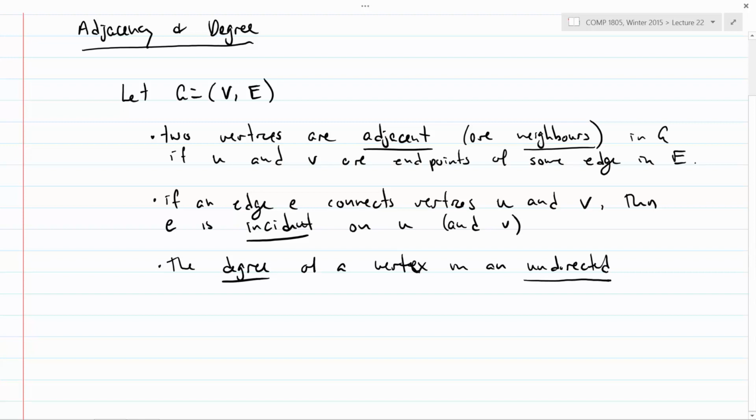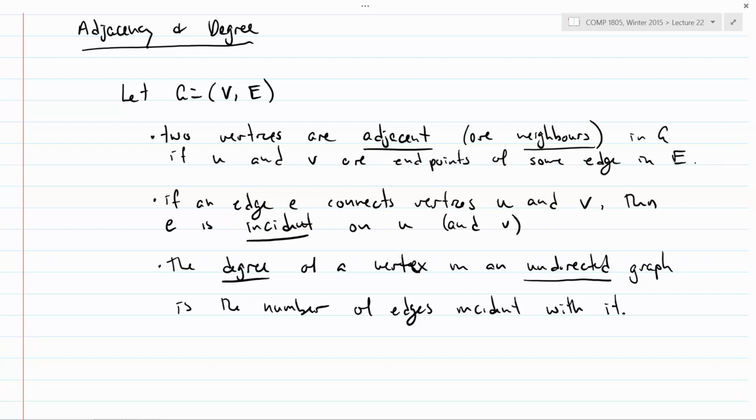In an undirected graph, the degree is the number of edges incident with it, or on it. Right, means the same thing. And we have a special notation for this. It's deg V, for degree of V.